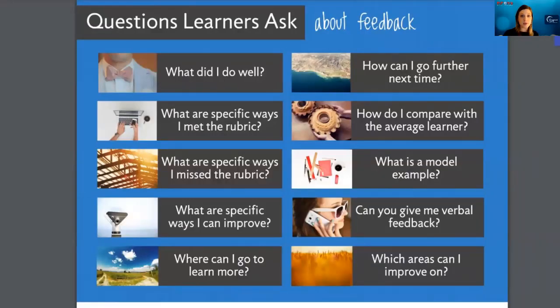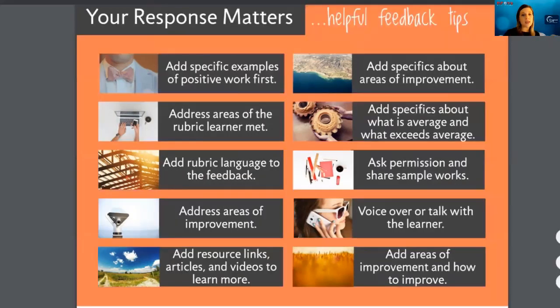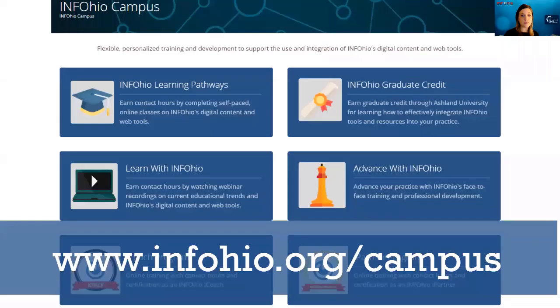It provides examples of the types of questions students can ask the teacher or a classmate to help them improve and learn and grow. Furthermore, this document also includes helpful tips for teachers to provide targeted feedback so that you can help support learning and growth in your students.